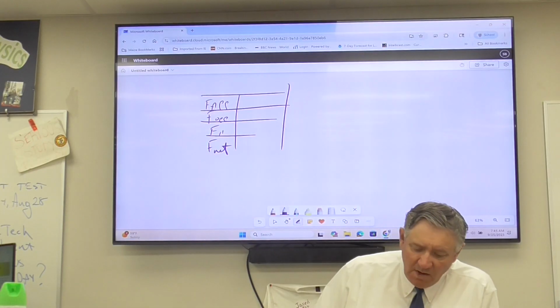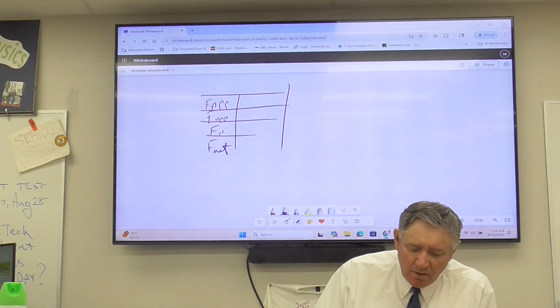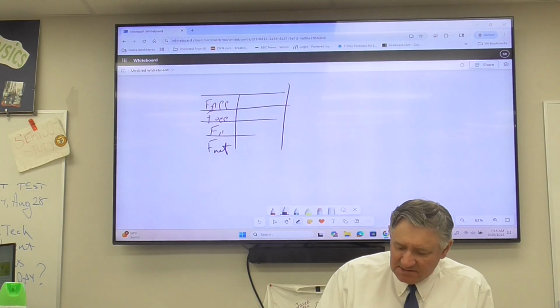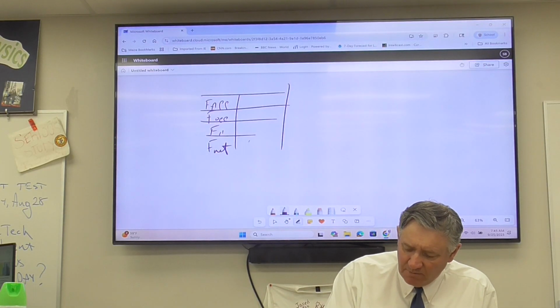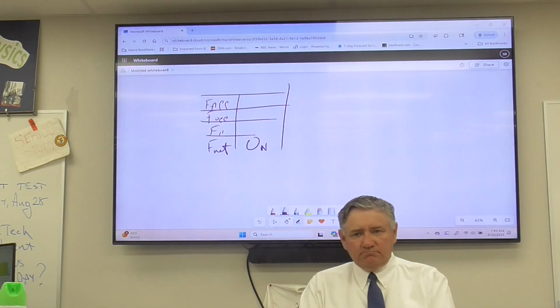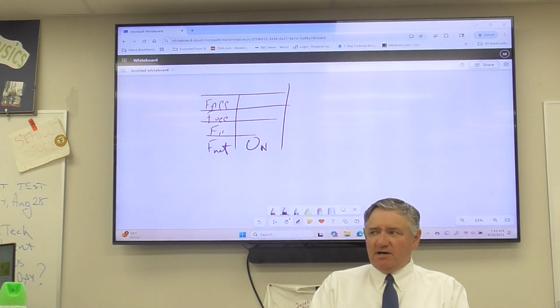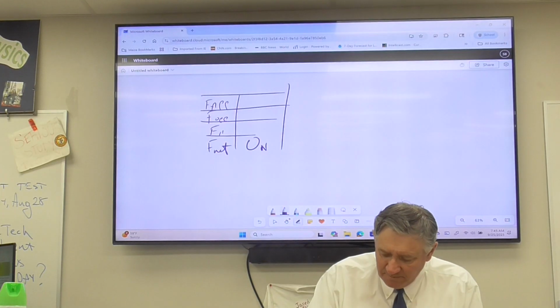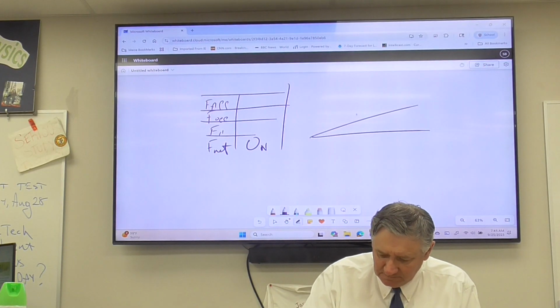So, on number 10, what are the two most important words? Constant velocity. So you want your net force to equal 0, because that's the only way you can have constant velocity. Visualize this.